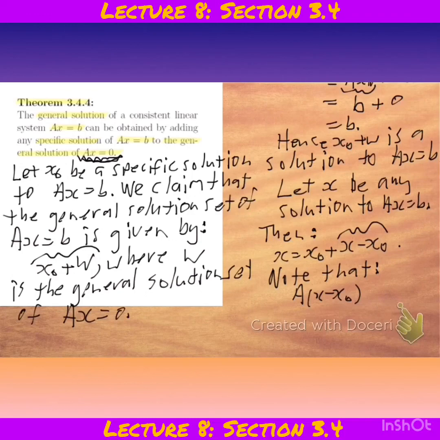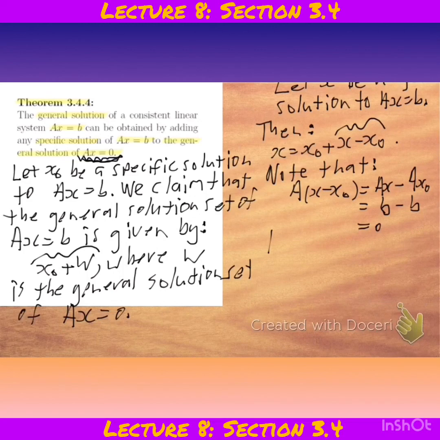You get Ax minus Ax0. We said x is a solution to Ax equals b, and x0 is a solution to Ax equals b, so therefore we have b minus b.